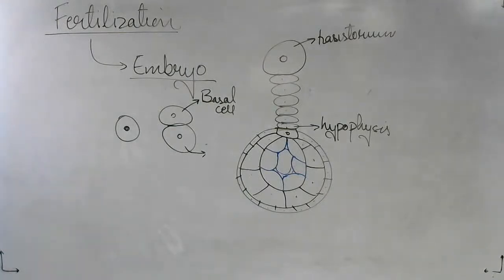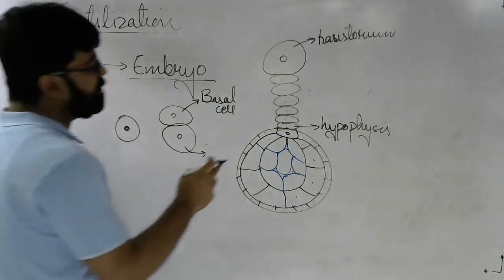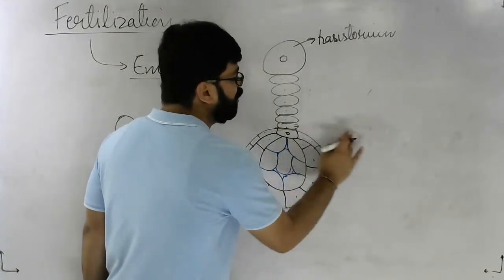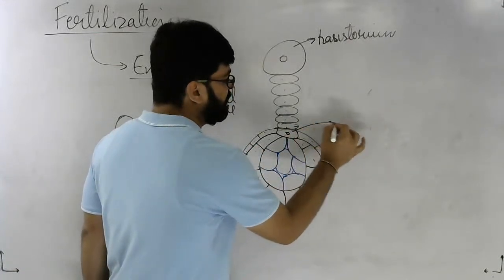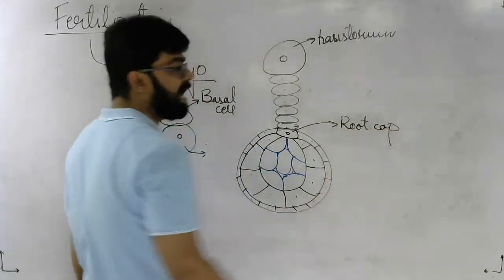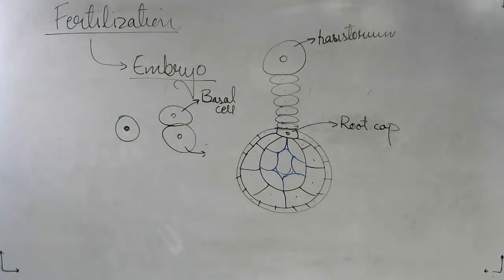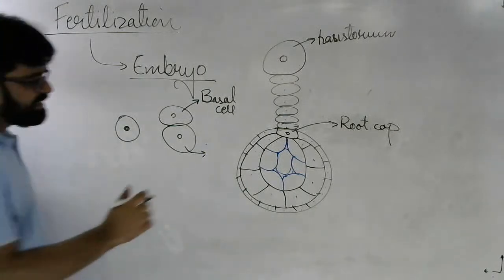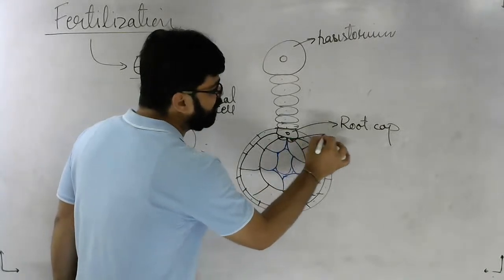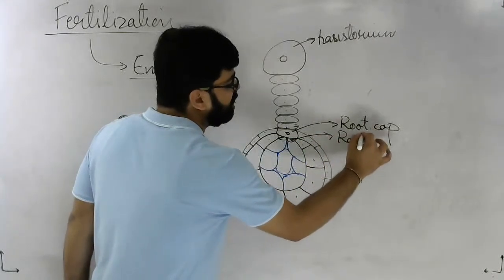Now let us label the different layers of this embryo. The cell present near the hypophysis is going to form the root cap. And the next cells which are present here are going to form the root tip.